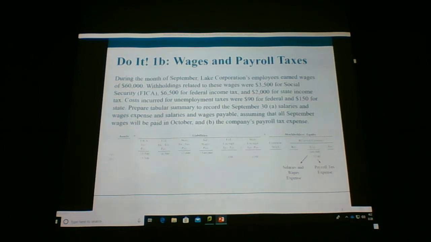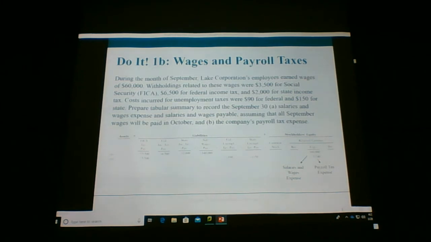Let's move along. $6,500 for federal income tax and $2,000 for state income tax. It says the employer incurred costs for unemployment taxes of $90 for federal unemployment tax and $150 for state tax.